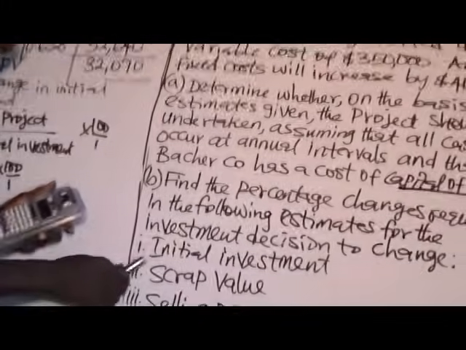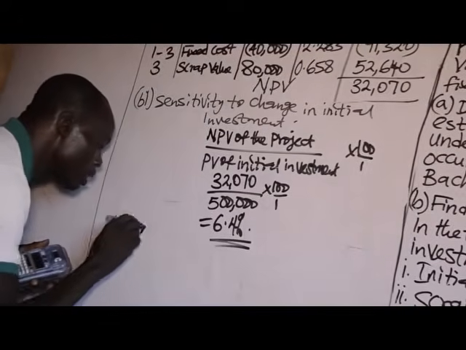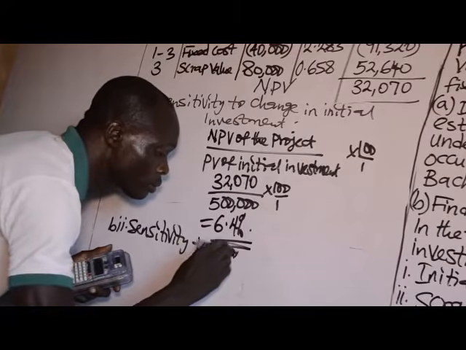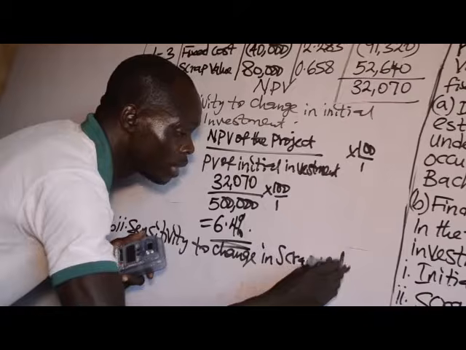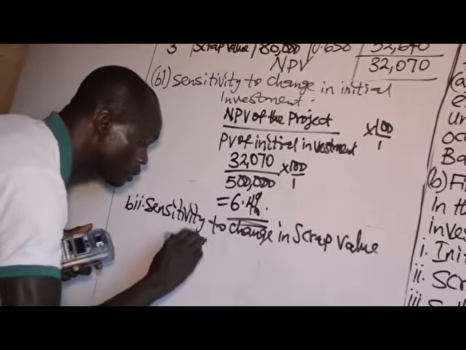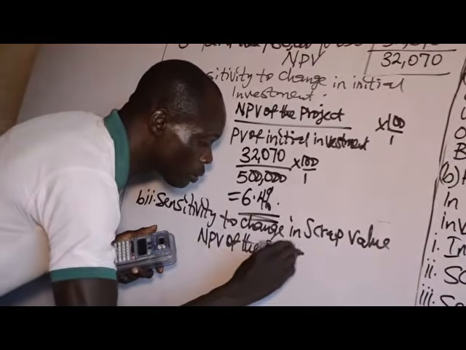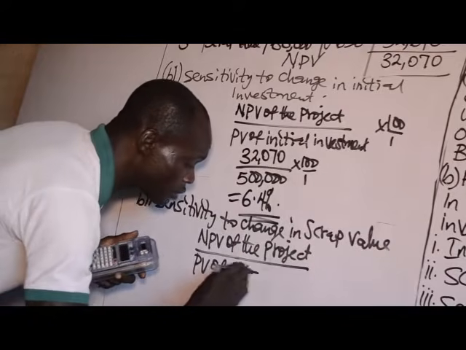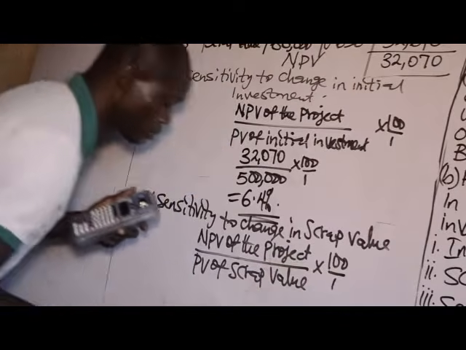You have to calculate the sensitivity to change in the scrap value, and that will be NPV of the project over PV of scrap value times 100 over 1.